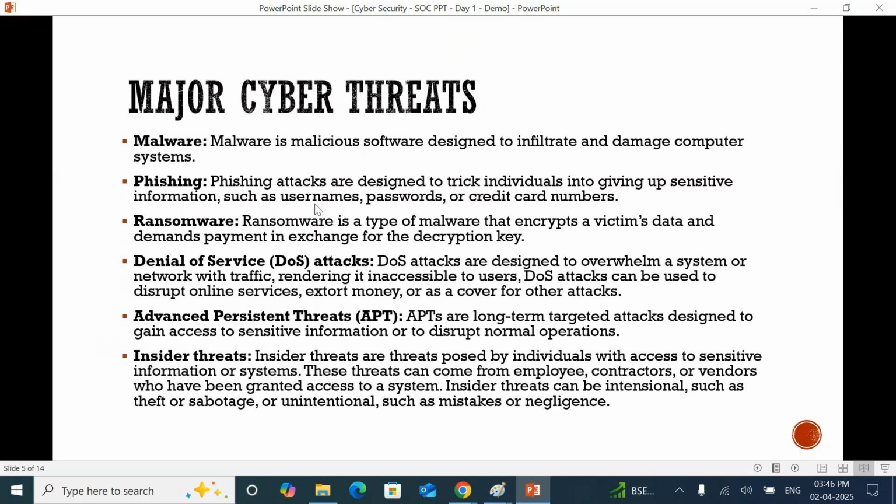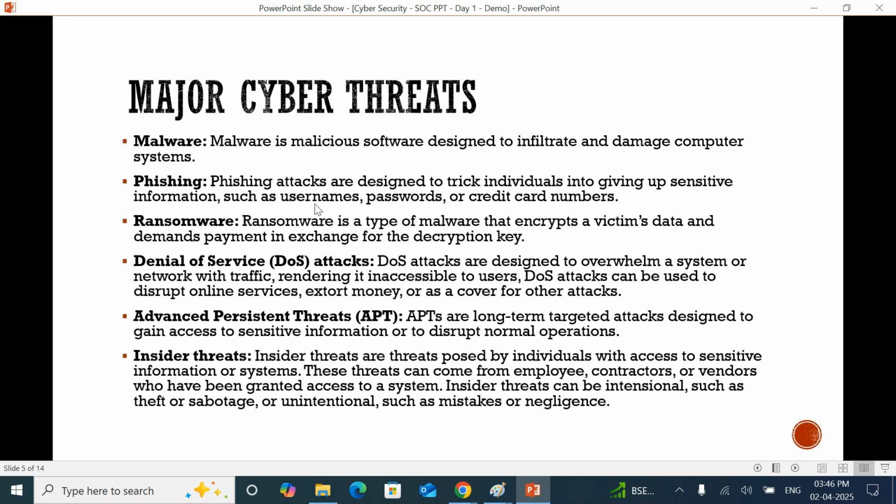So the attacker will give you a chance to send some money so that they will give the decryption key. Simply call it kidnapping a person: if you give the money, I will return your boy, I will return your girl.